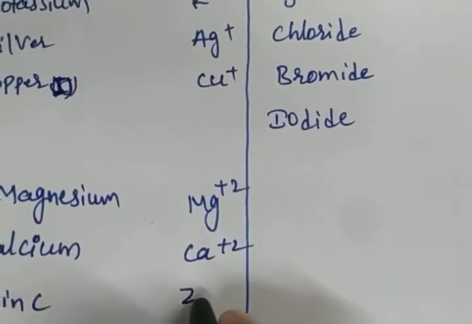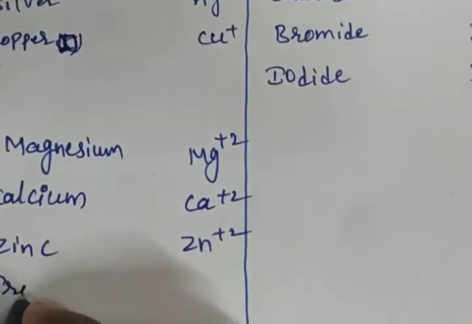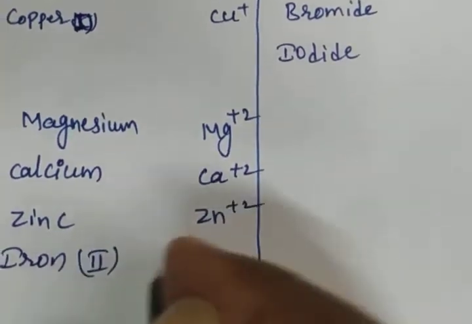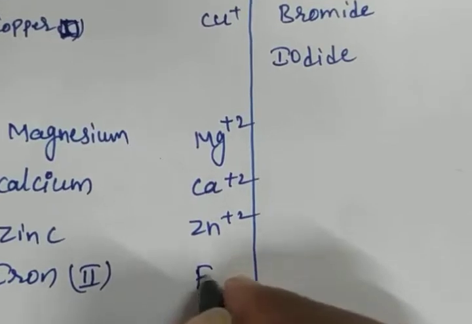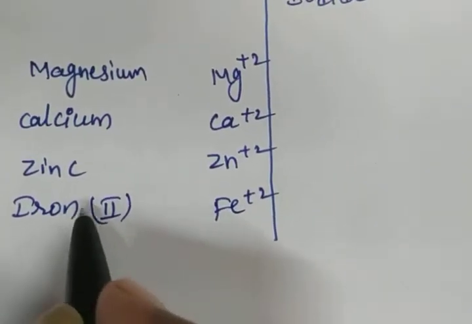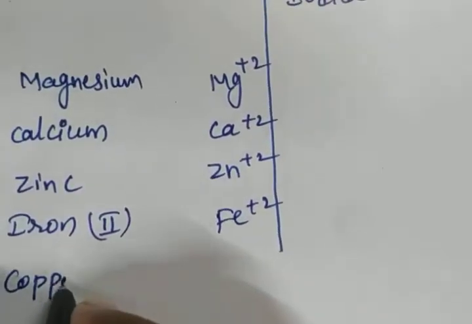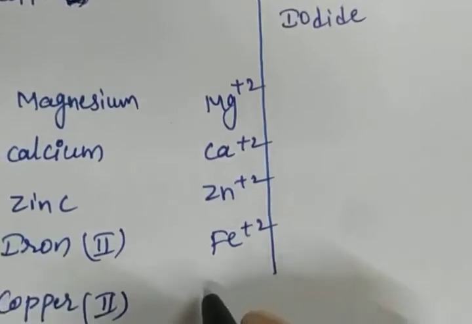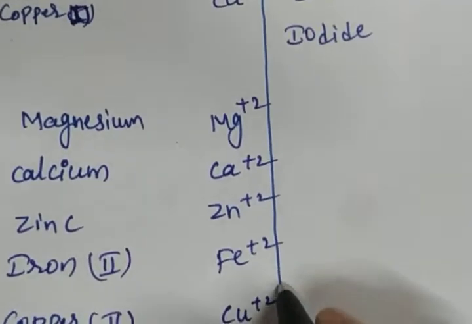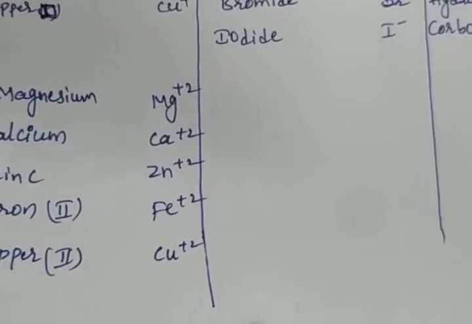Zinc is Zn plus 2. And iron 2 is Fe plus 2. This Roman numeral 2 means its oxidation state is 2. Next, copper is Cu plus 2. These are the valency 2 ions.